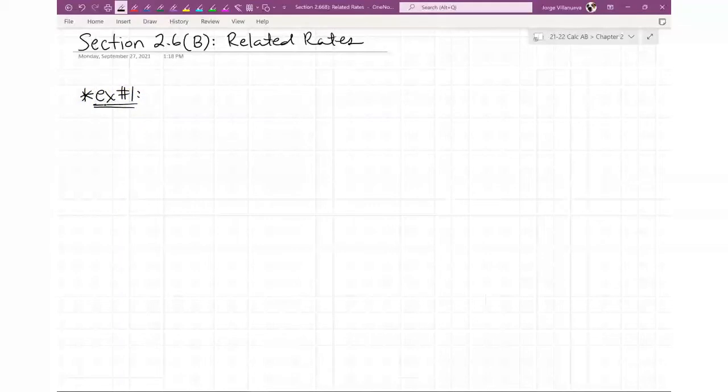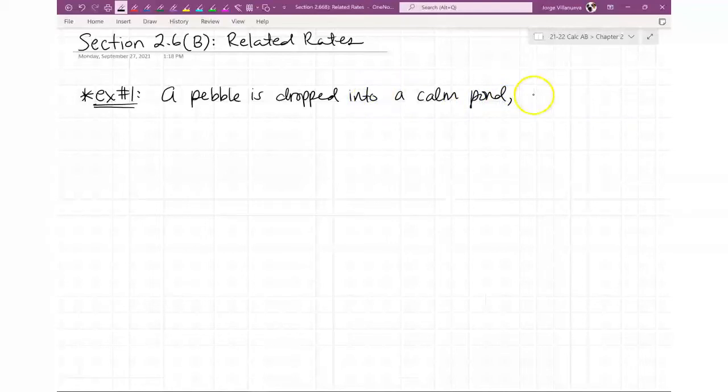Okay, so it says a pebble is dropped into a calm pond, and it causes ripples to form. Now again, these ripples are going to be circular.